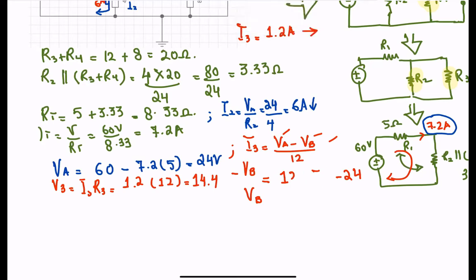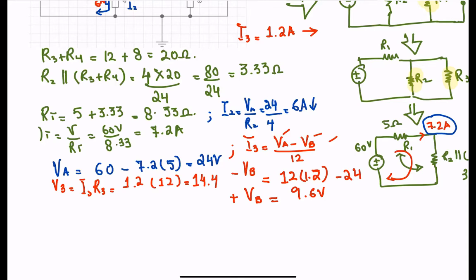So I get 12 times 1.2, which gets you 14.4 minus 24, so negative 9.6.